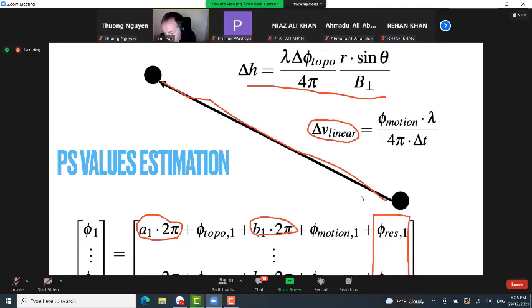There are different methods to do that. So overall, we can then find a solution for the linear motion or the height in that set of equations.